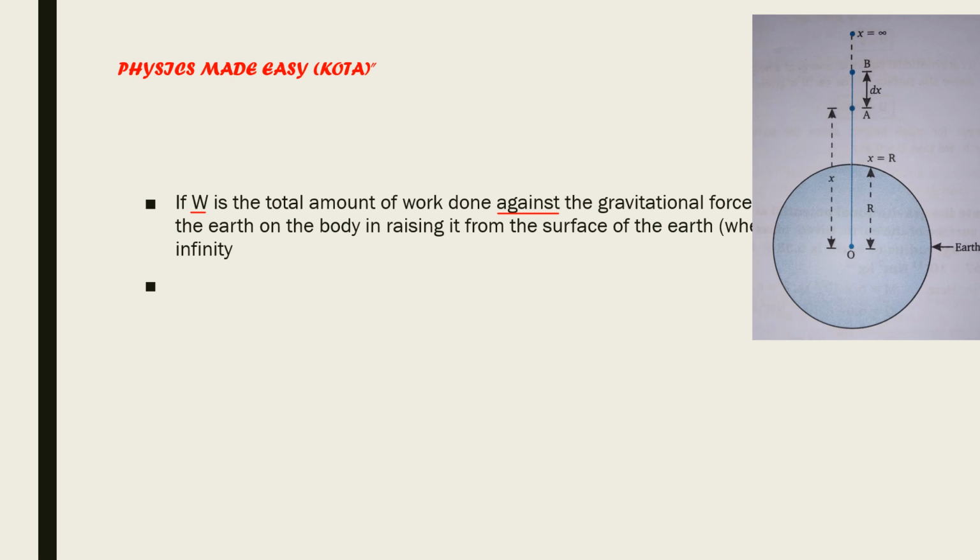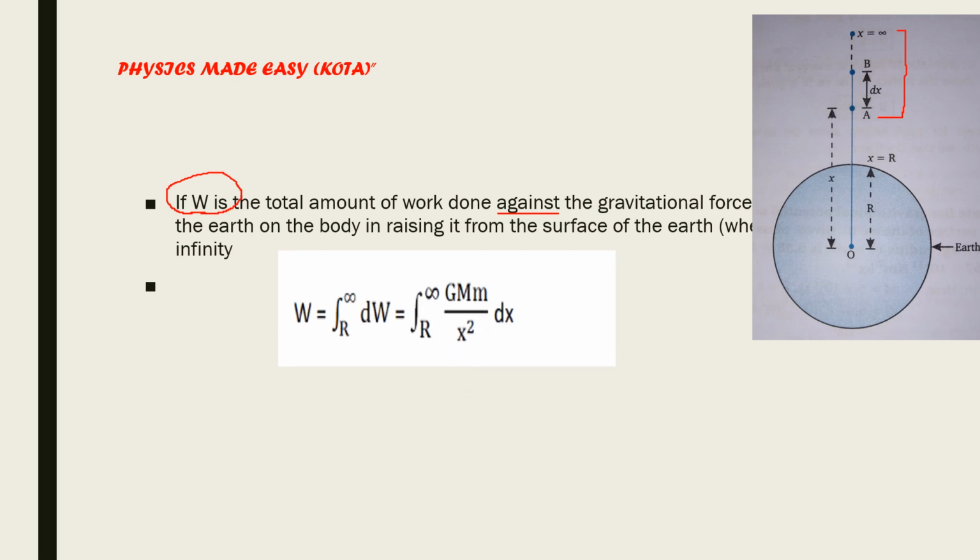Now look at this figure. Suppose we are taking the body from point A to infinity, then in that case we are doing work against the gravitational force. So for this, the total work done to take the body up to infinity is W. To calculate the total work done, we take the integral of the small work done with lower limit from capital R to the upper limit infinity.